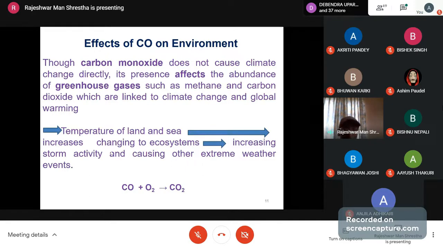When the water of the sea warms up, its volume will increase, and that will cause flooding in the sea and ocean. Global warming is responsible for flooding in sea and ocean. In this way, carbon dioxide formed from carbon monoxide is responsible for causing the greenhouse effect, then global warming.